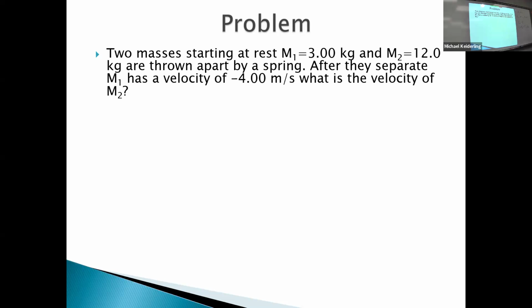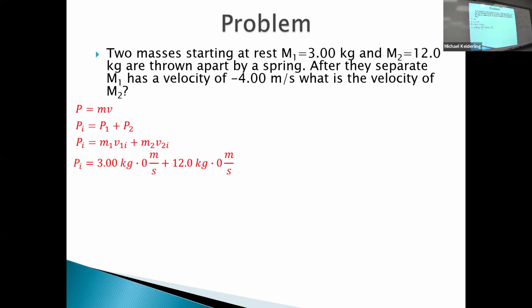Just as a reminder, as these start at rest, your initial momentum is 0.